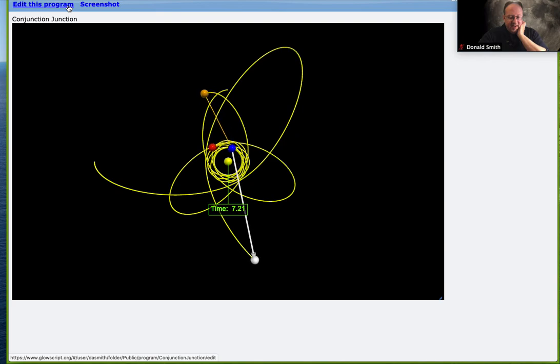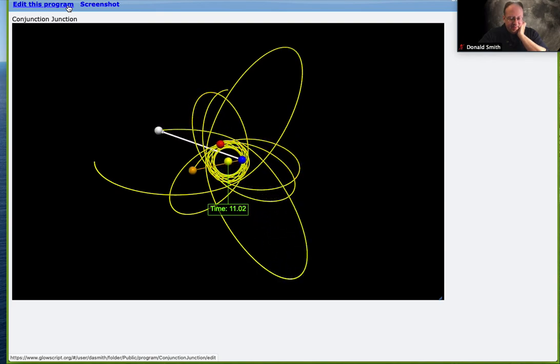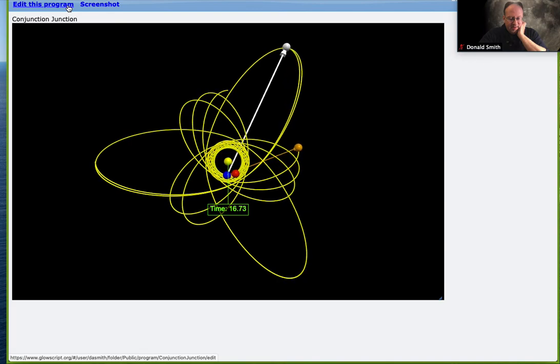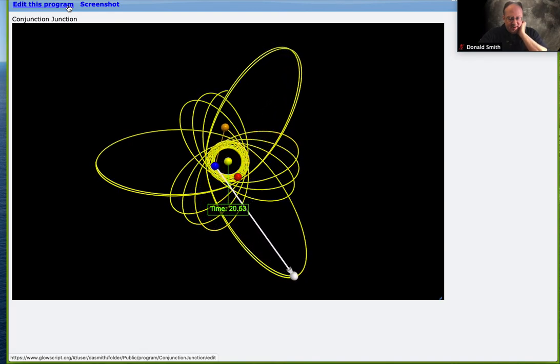These are definitely not ellipses. So this is what the solar system would be like if gravity were stronger.